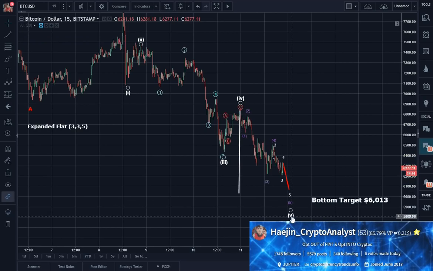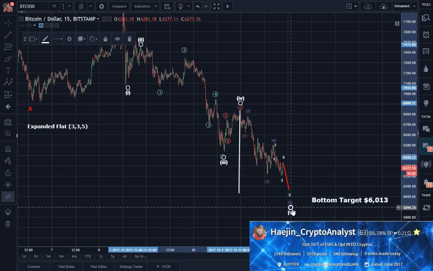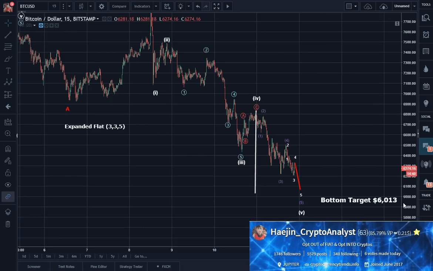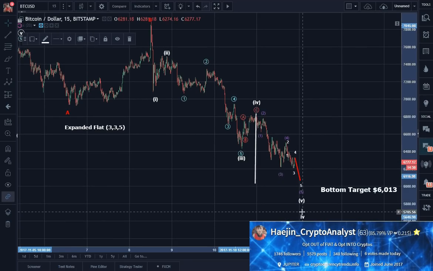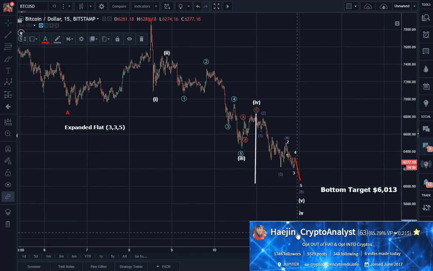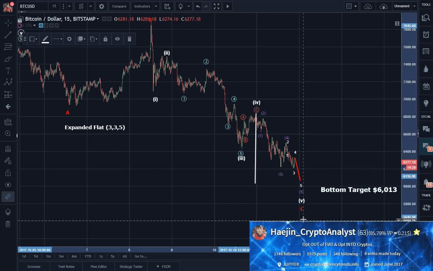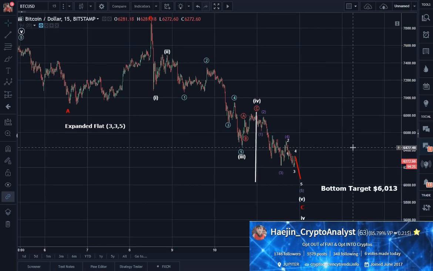Five of 5 of 5 of 4 of C of 4. So I got 1, 2, 3, 4, 5 degrees of trend labeled.